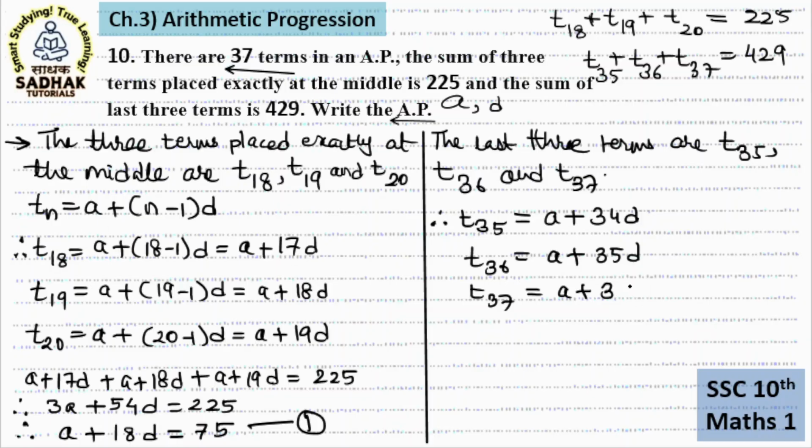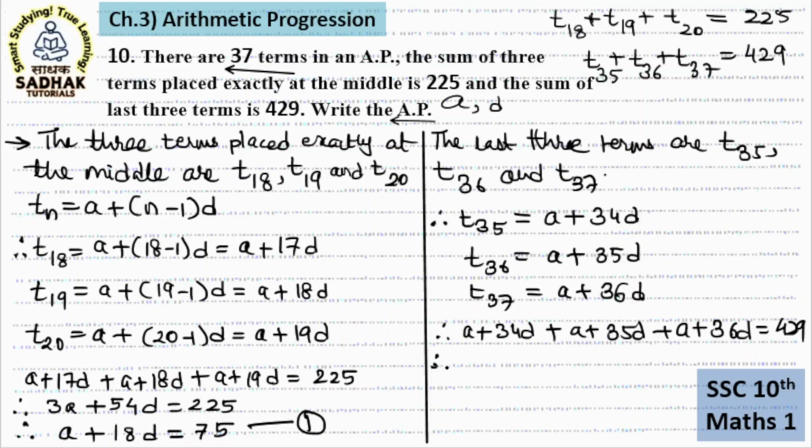I have to write 36D, not 30D. So according to the information, the sum of these three terms, term 35, term 36 and term 37, that is A plus 34D plus A plus 35D plus A plus 36D, is 429.